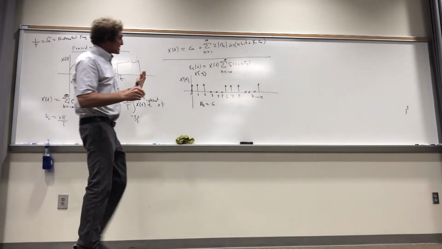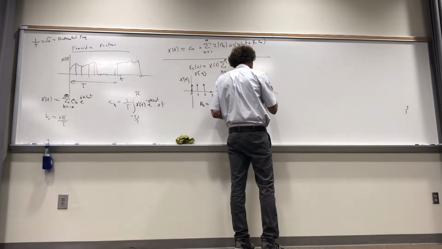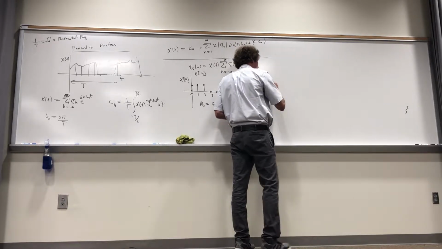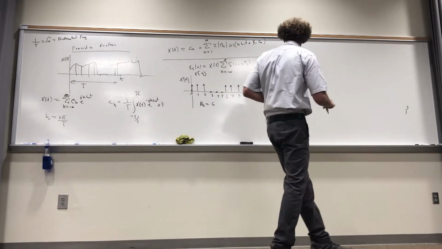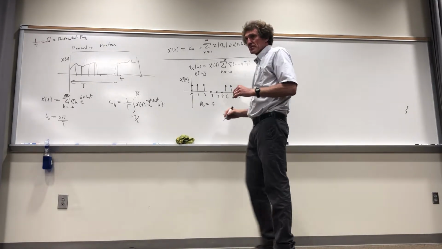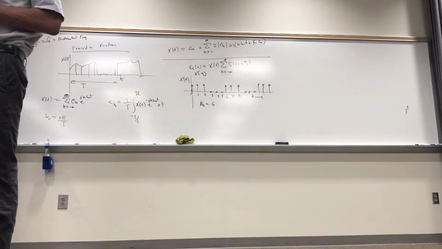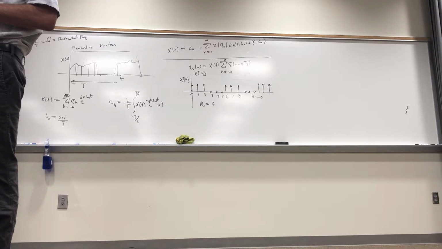So if we have something like this, and this is admittedly crude, and it's in your book, can you tell me what page the discrete time Fourier series is on? I know it's towards the very end of chapter 7. 389?